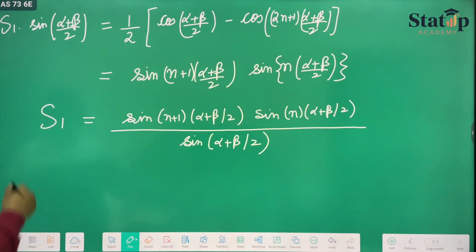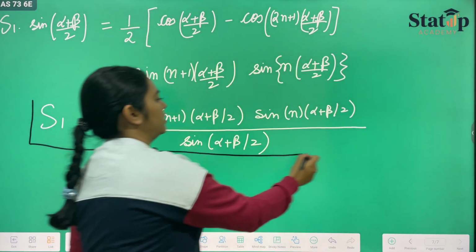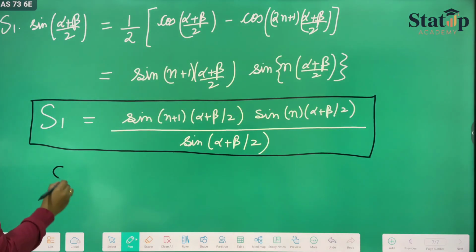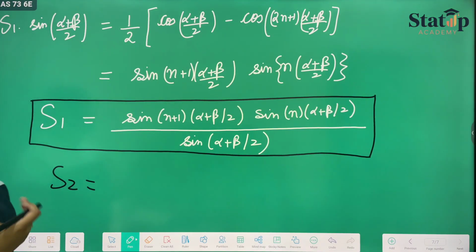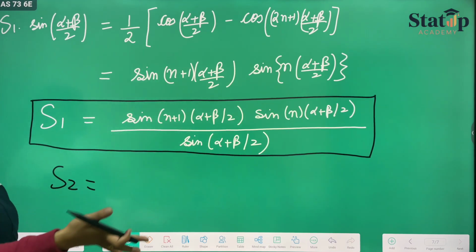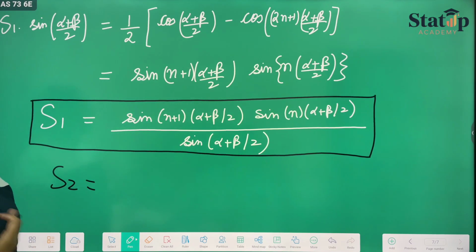So this is the value of S1, and similarly in this way we can calculate the value of S2. S2 was summation of t goes from 1 to n sine (alpha minus beta) t. So wherever there is sine (alpha plus beta), we just have to replace it with the minus sign.